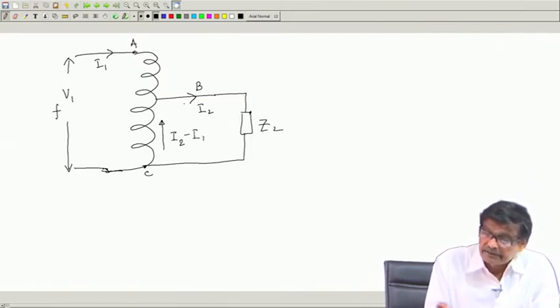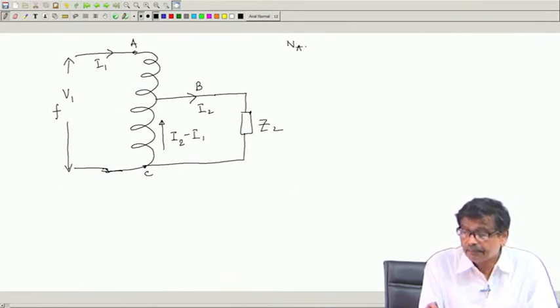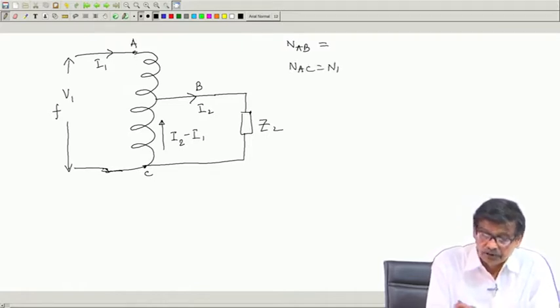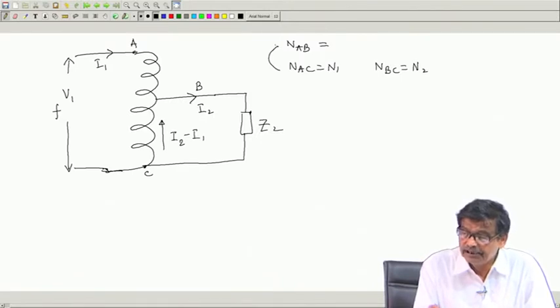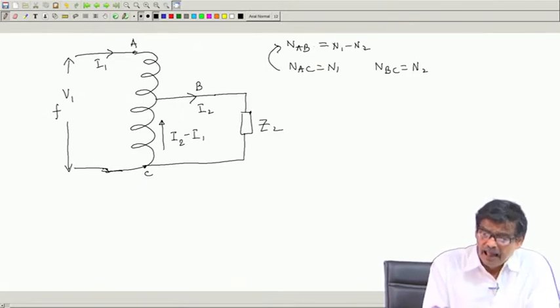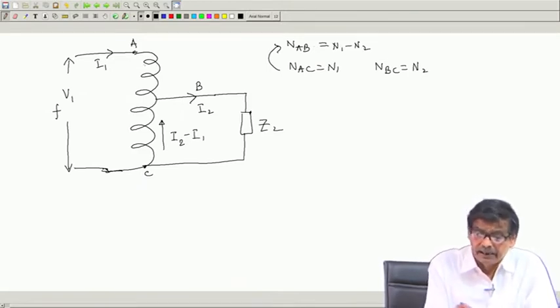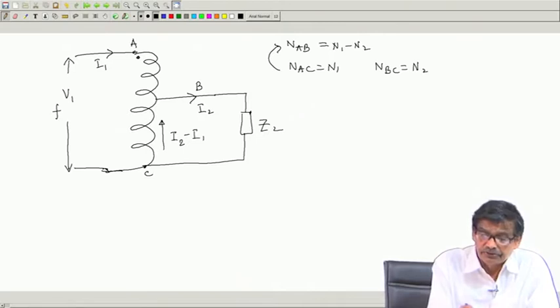This number of turns N A C is equal to N 1, the total number of turns, N B C is equal to N 2 turns, and from these two we get N A B to be equal to N 1 minus N 2. And I told you that these are the dots here. Therefore, if I 2 minus I 1 leaves there, I 1 comes in.